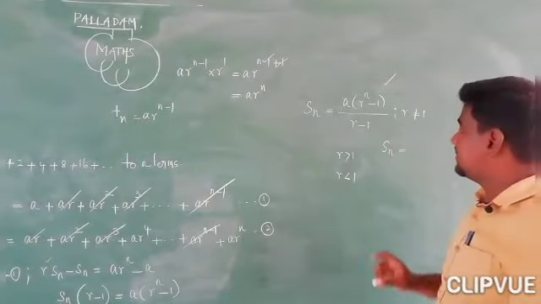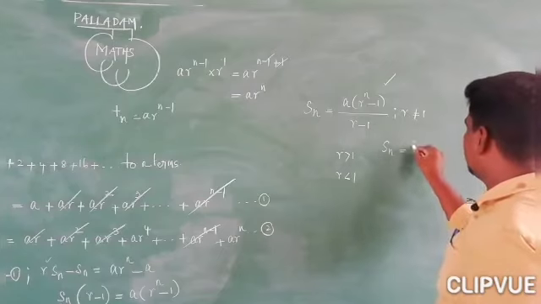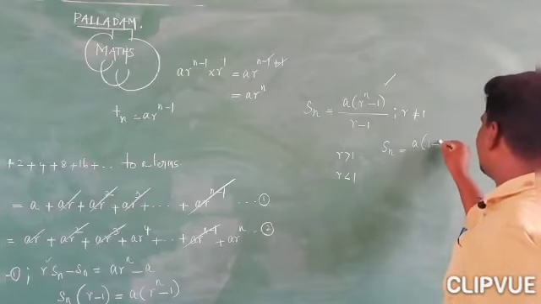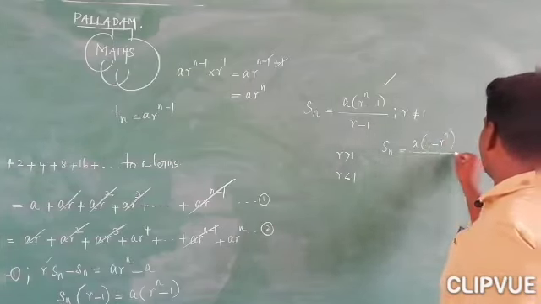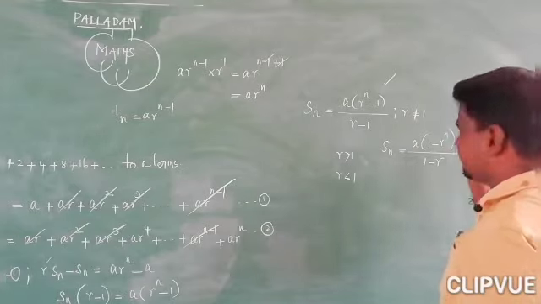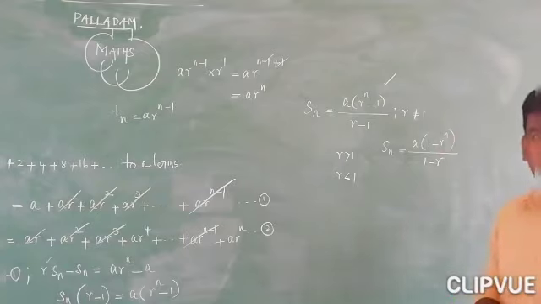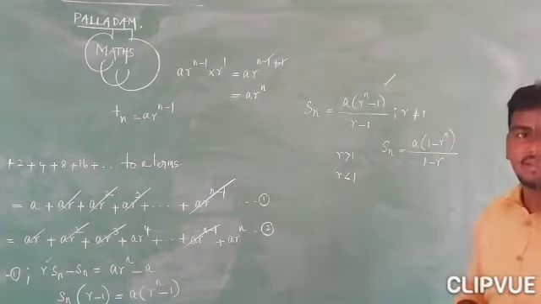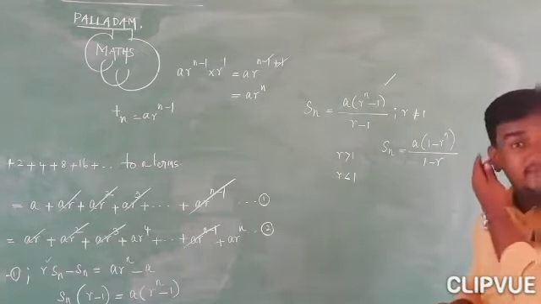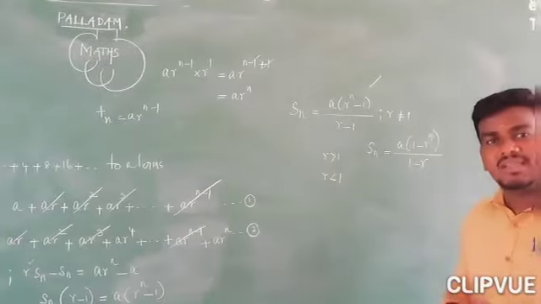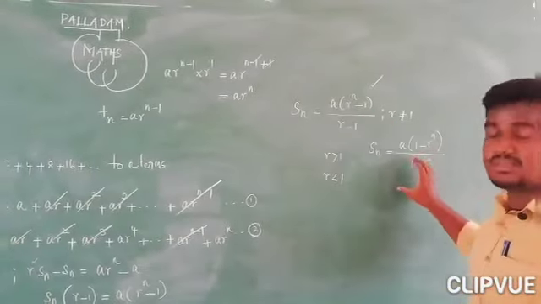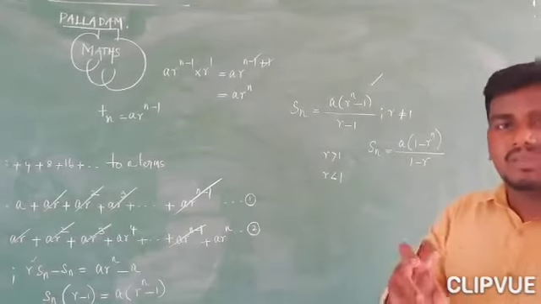If r is less than 1, you can take Sn equals a of 1 minus r^n divided by 1 minus r. Both formulas we can apply for solving problems and get the same answer, but while solving, if you take it like this, the calculation will be simple.